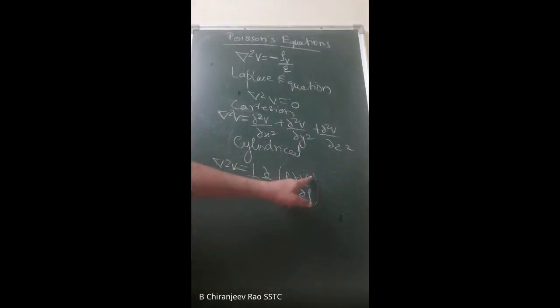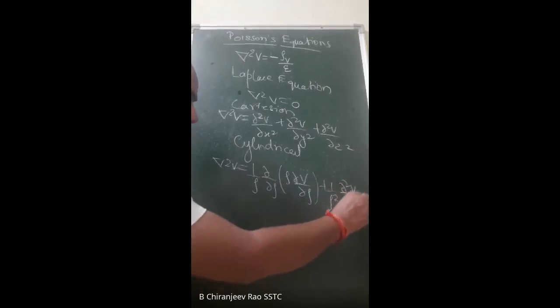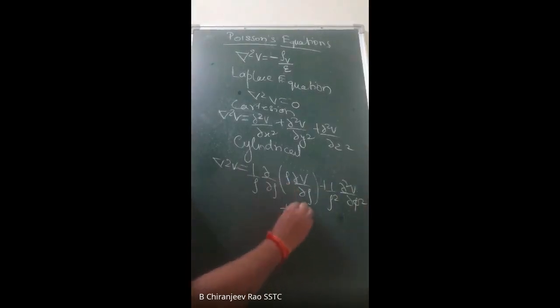First you have to differentiate partially with respect to rho, then multiply by rho, then again differentiate partially with respect to rho, and then divide by rho. Plus 1 upon rho square del square V by del phi square plus del square V by del z square.